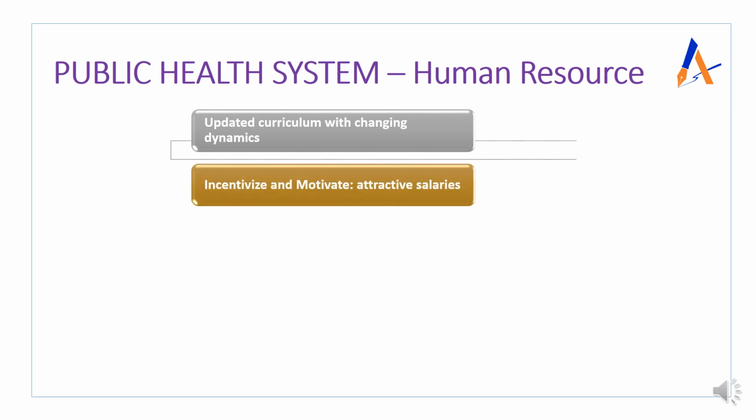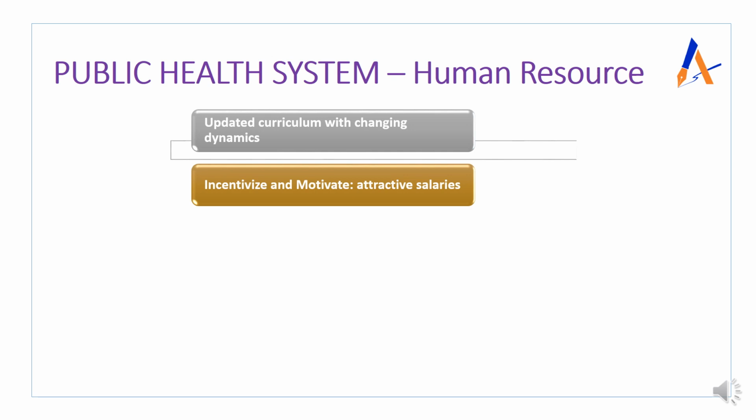Second is related to we need to incentivize and motivate the professionals through attractive salaries, benefits, perks, allowances, or for that matter, infrastructure as well. So I will share one of my experience that government has this facility of CGHS scheme, central government health scheme. So there are many doctors in the private sector.